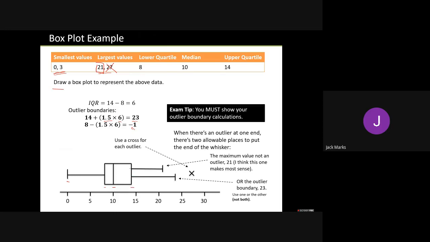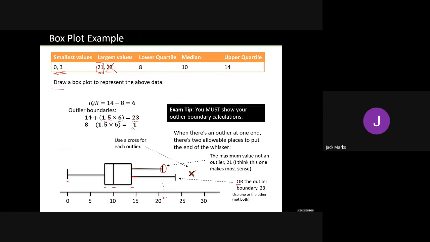What you have on the right-hand side is two different ways that you may construct the diagram. Either way, we're going to put a cross down for 27 to show that that information was recorded but is considered an outlier. And then we could choose to redraw the maximum at 21. This is one choice.